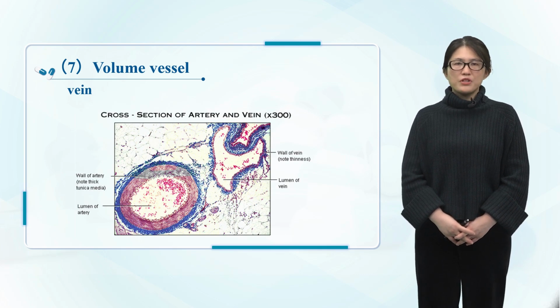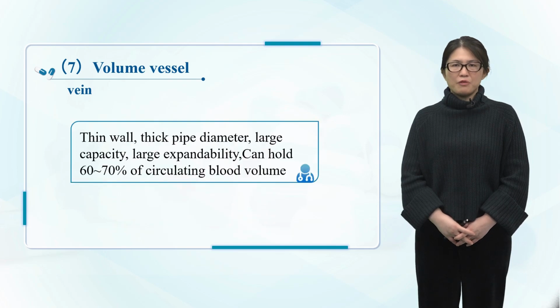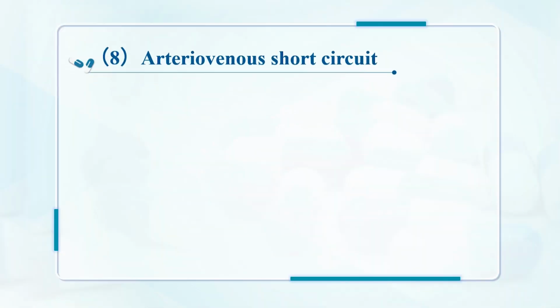When there is a small change in the caliber of the vein, its volume can change significantly, which obviously affects the return blood volume, while the intravenous pressure does not change much at this time.